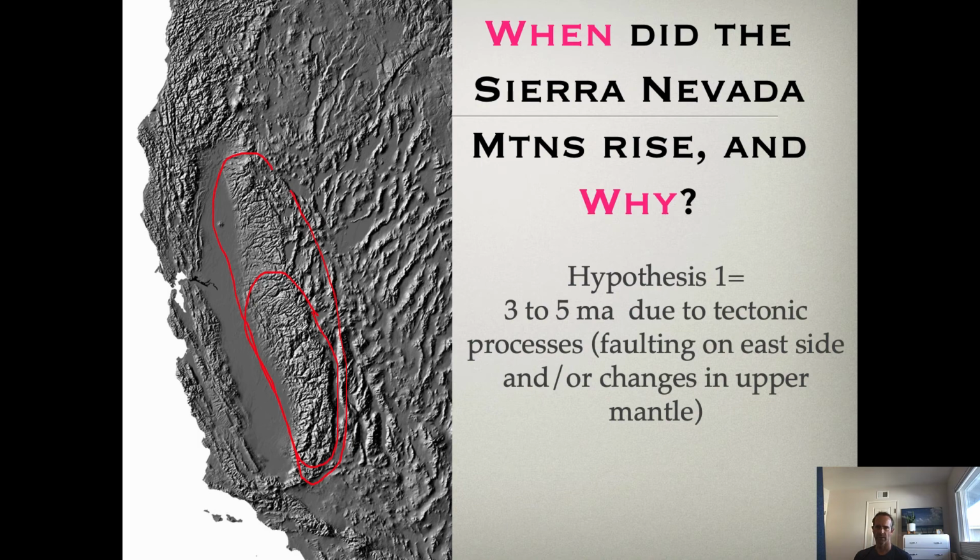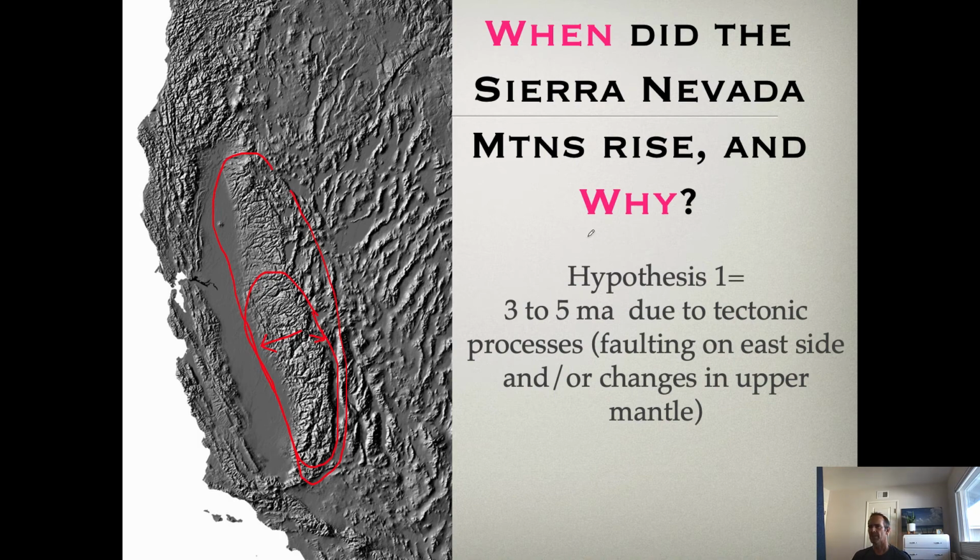They're rather gently sloped towards the west, and on the east side you have a very steep slope. So remember, in the last lecture we were talking about asymmetric mountain ranges. The Sierra Nevada are a perfect example. In cross-section view, they almost look like a kind of lopsided triangle like this.